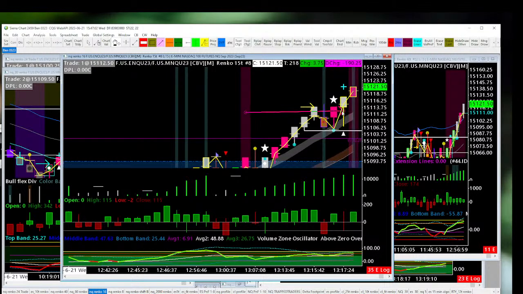And interestingly, at the close, there actually was an even number, more or less, of aggressive buys versus aggressive sells, yet price is going up.